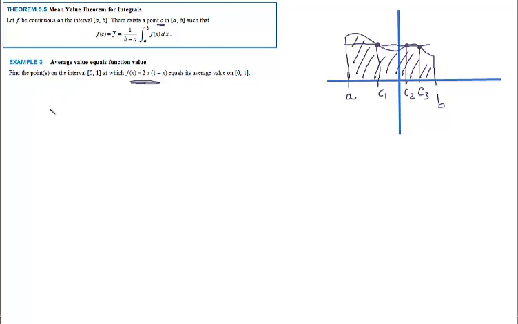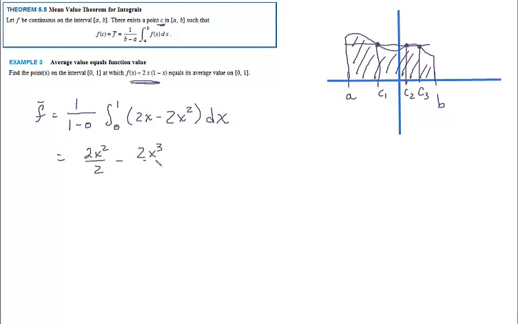So first off, let's figure out what that average value is. The average value is going to be the integral on 0 to 1, so I'm going to do 1 to 0. I'm going to go ahead and multiply it, 2x minus 2x squared, because I have to do it anyway in order to integrate, and that would give me 2x squared over 2 minus 2x cubed over 3 evaluated from 1 to 0.